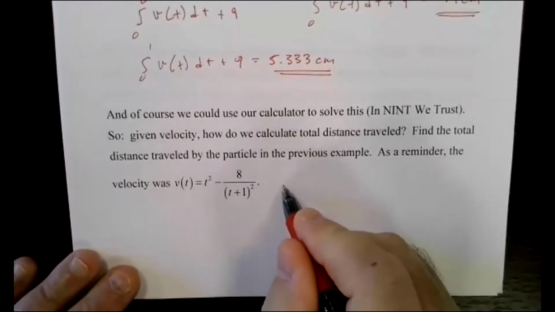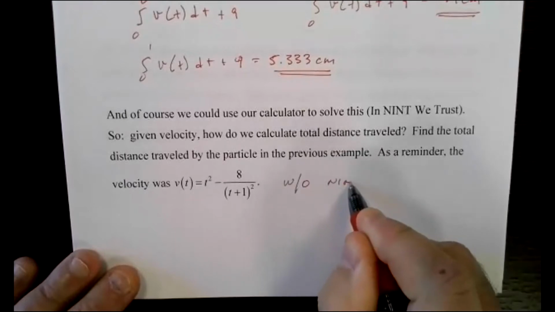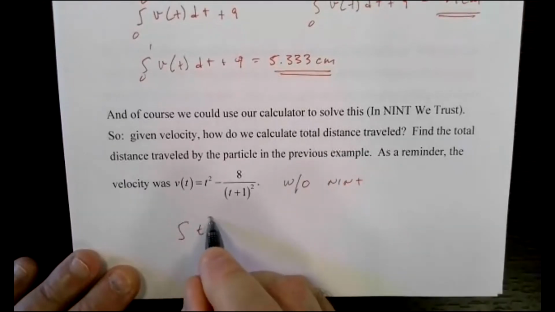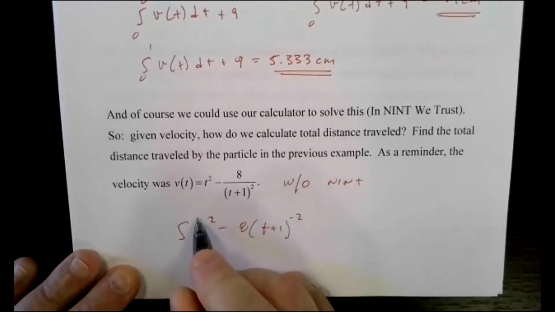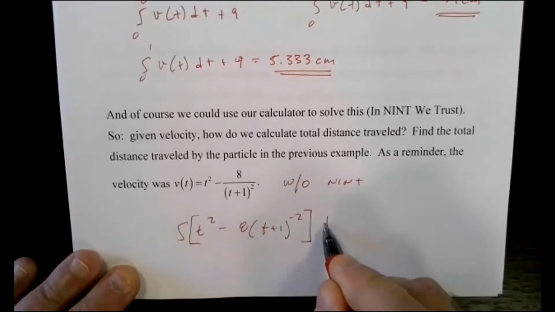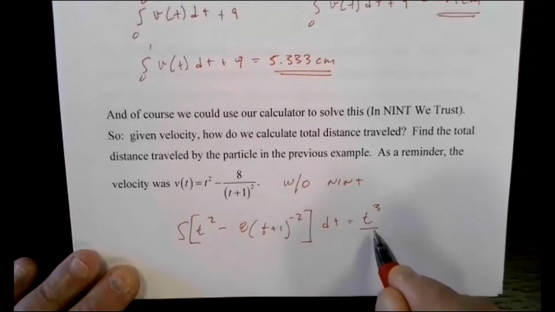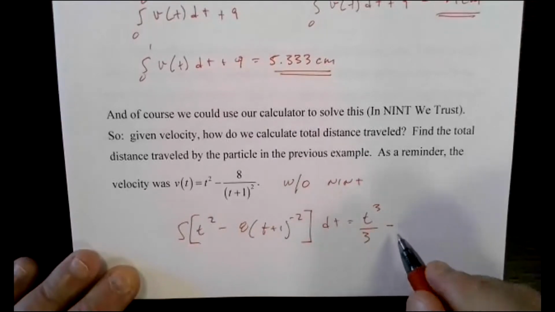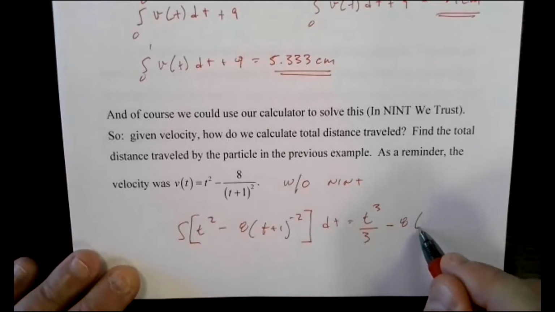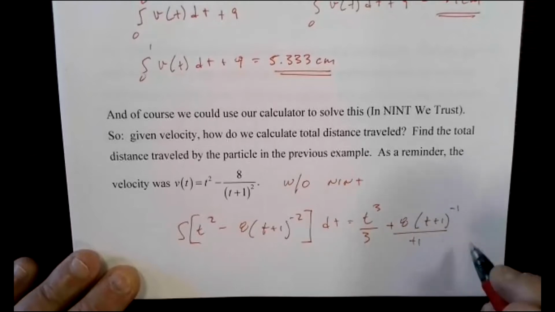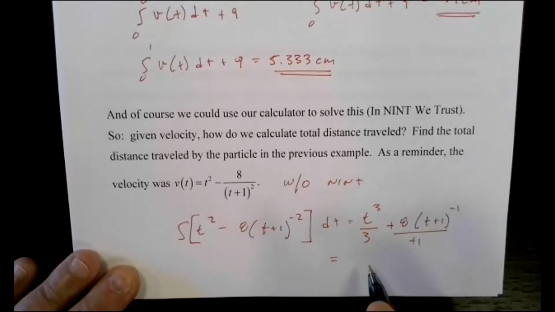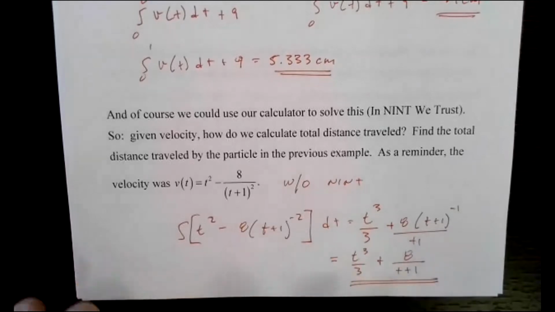All right, so without int, we would have had to say the integral of t squared minus 8 t plus 1 to the negative second dt equals t to the third over 3 minus 8 times (t plus 1) to the negative first over negative 1, positive, positive, and write that down here, t to the third over 3 plus 8 over t plus 1. That would be our antiderivative.